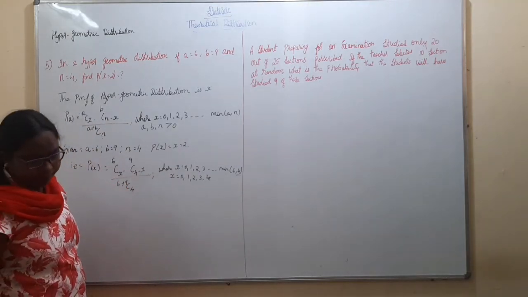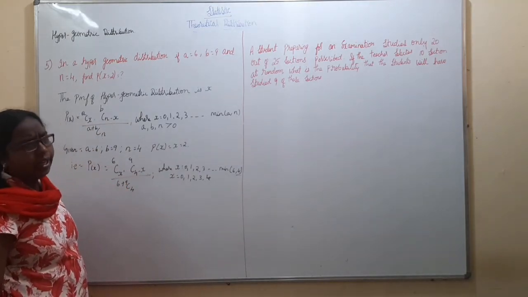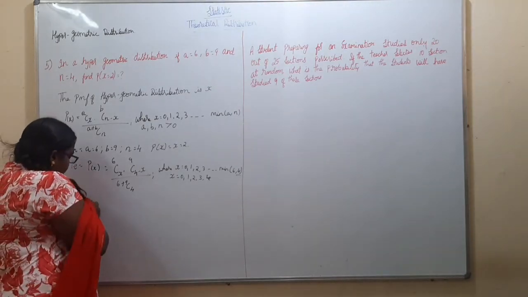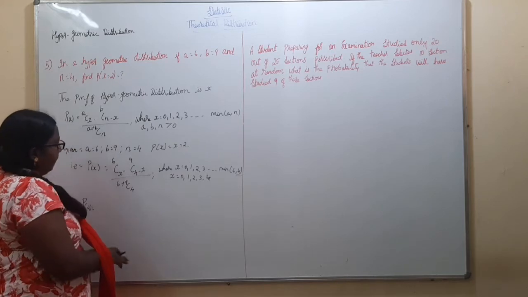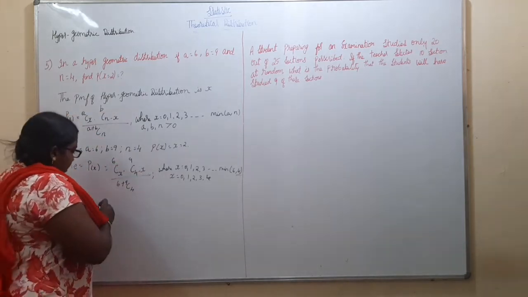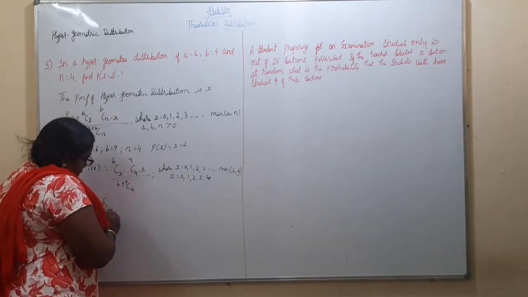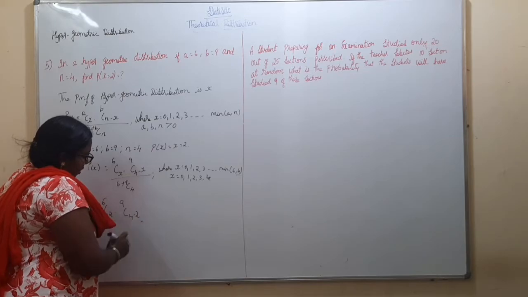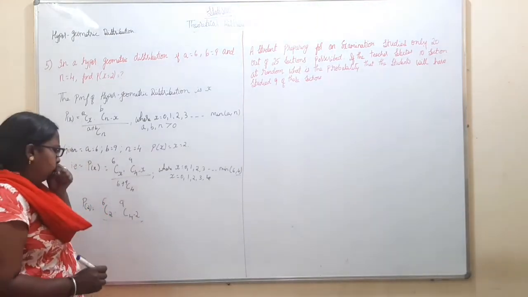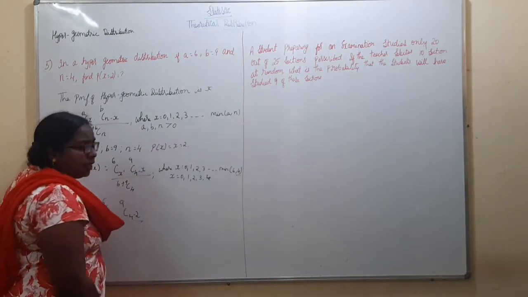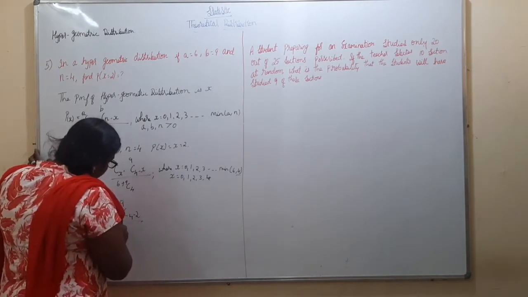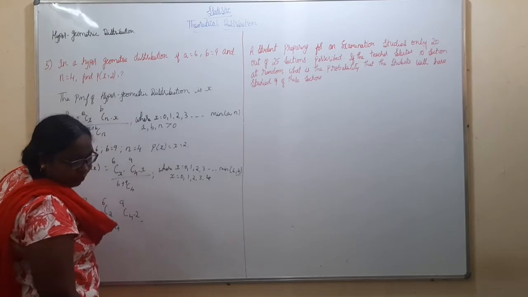Next, we have to find P of x equals 2. That is P2 will be 6C2 into 9C(4 minus 2) divided by (6 plus 9) is 15, so 15C4.